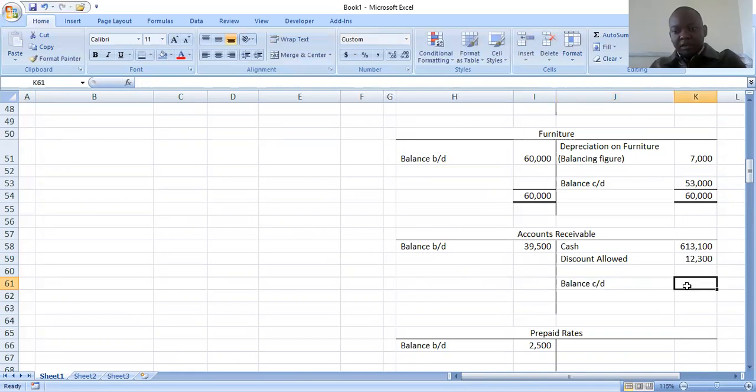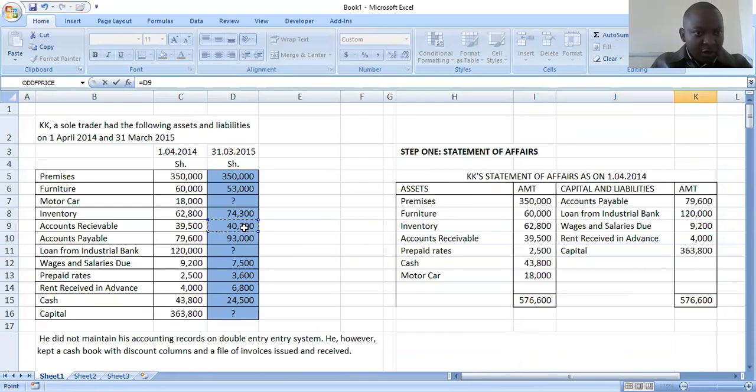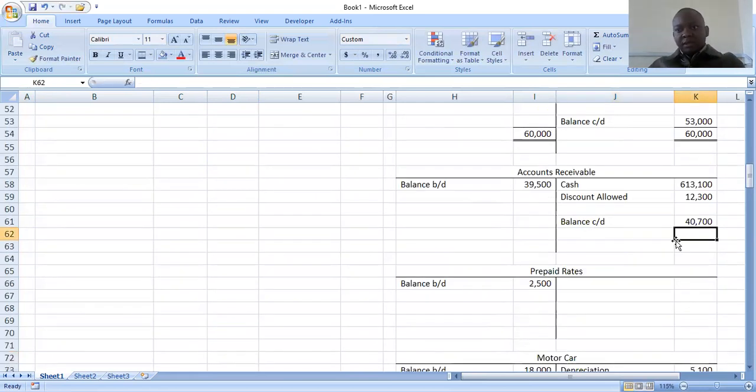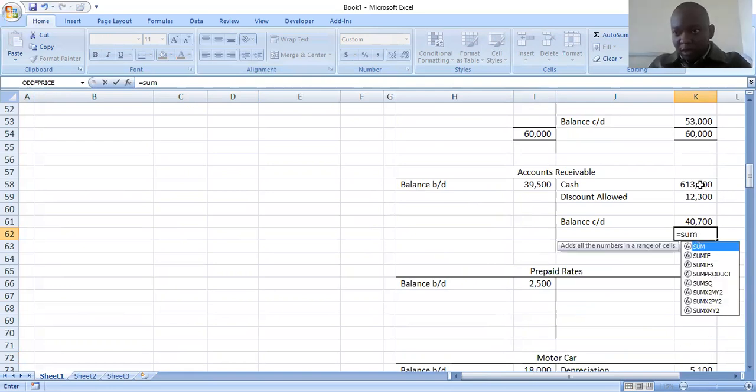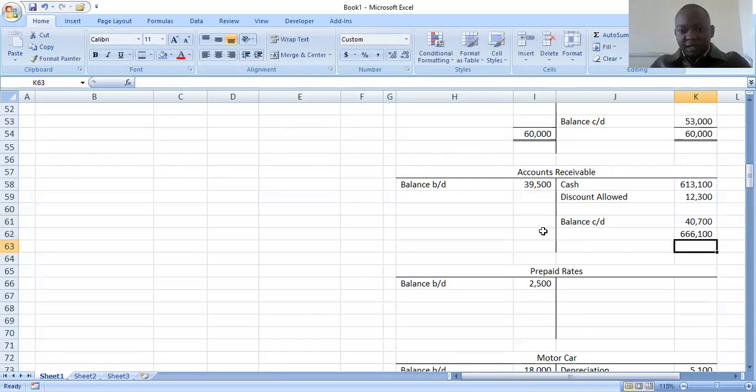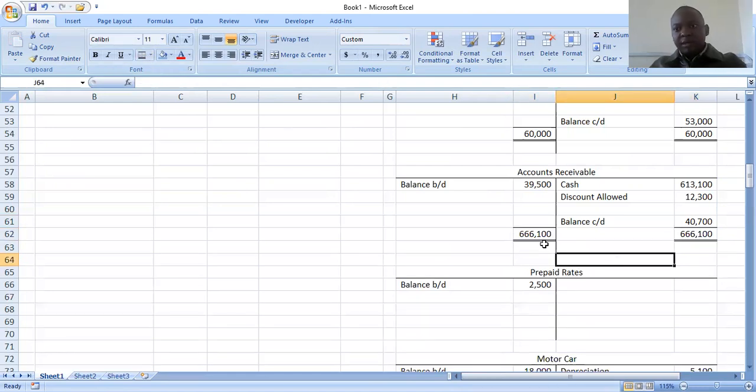The amount, as I revert to the question, is 4,700. The totals of both sides of this account need to be equal, so it's 66,100.